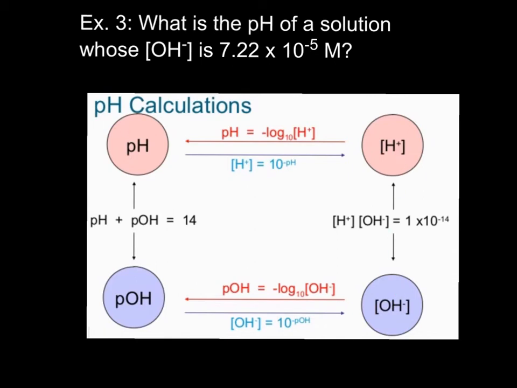We can either go up and across, or we can go across and up, but we can't go diagonally. So first we're going to go with what we're familiar with. We're going to take our negative log of our hydroxide ion concentration and then use our pH plus pOH equals 14. In the second part of the example, I'll show you the other method.